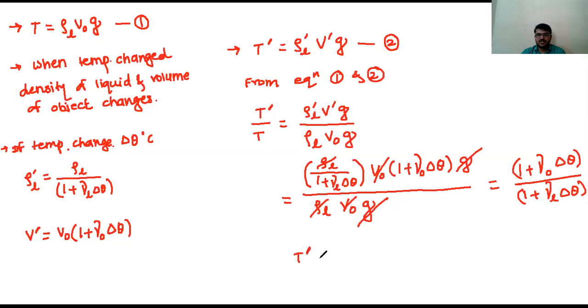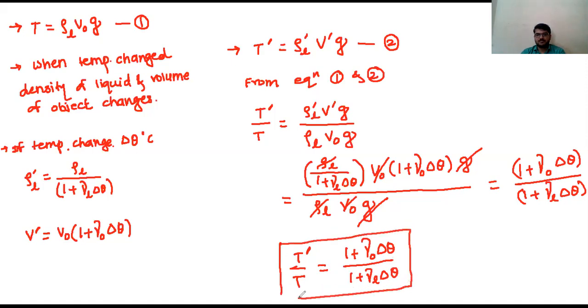Thrust at temperature delta theta divided by initial thrust is equal to 1 plus gamma of object into delta theta divided by 1 plus gamma L into delta theta. This is what we got, the relation between two thrusts, that is thrust at temperature delta theta and thrust at the initial temperature. This is just the relation when change in temperature is delta theta, isn't it right?